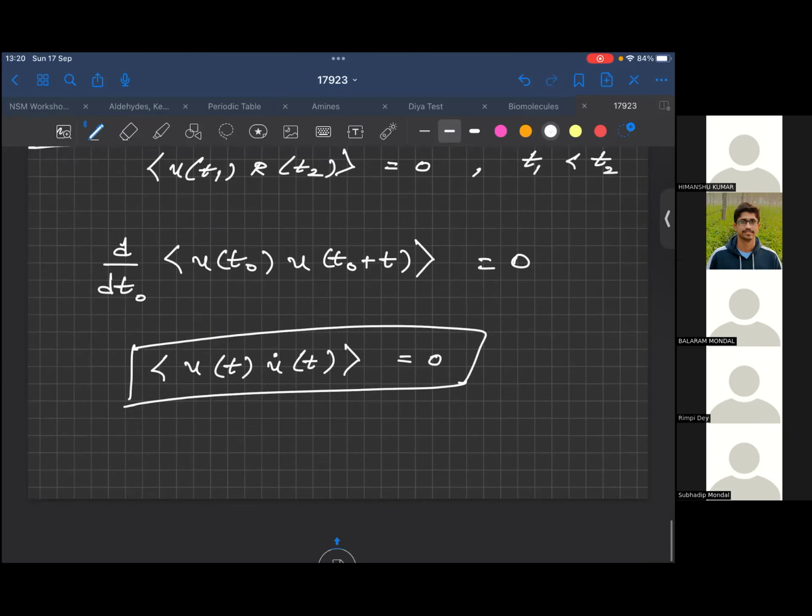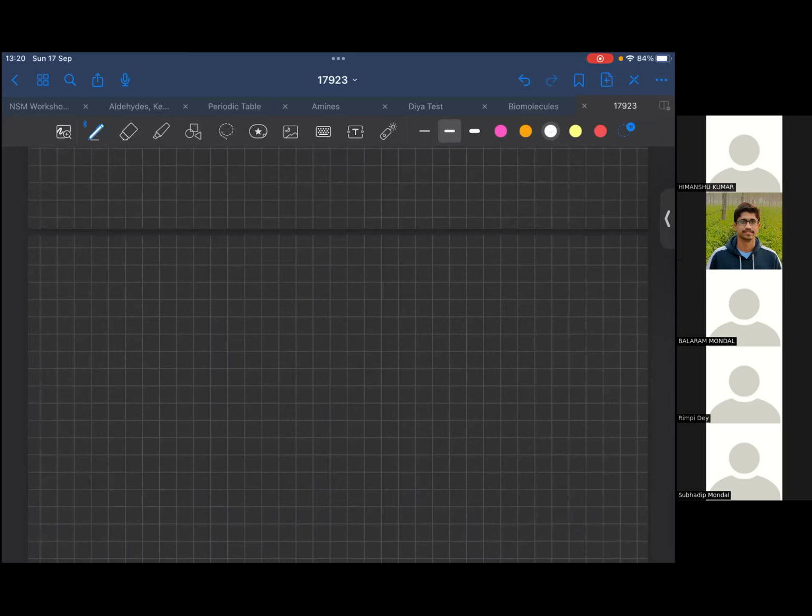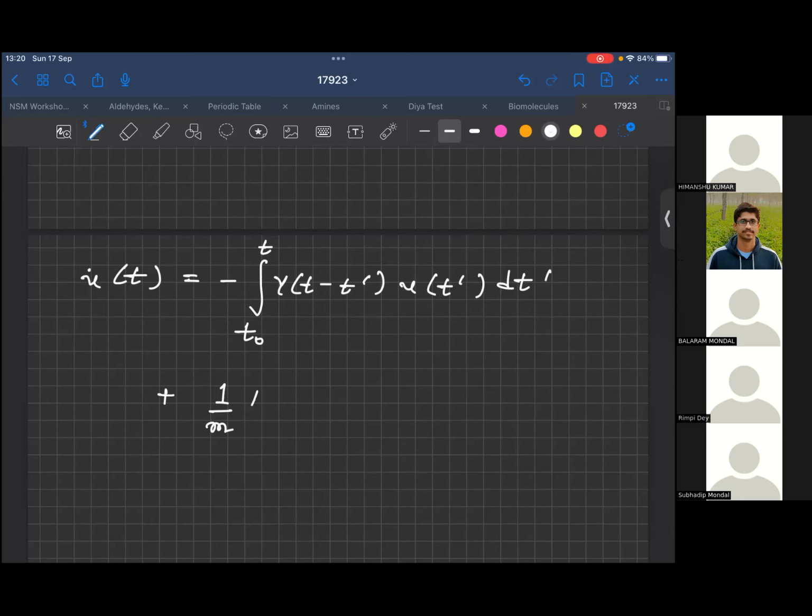So Mori in the year 1965 and Kubo in the year 1966 individually gave a natural extension of this Langevin equation, where they said this velocity equation has three parts.